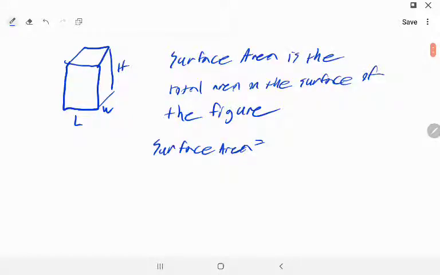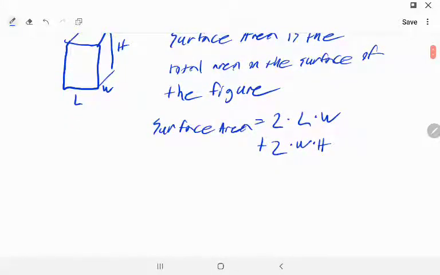is going to be 2 times length times width, because we have a top and a bottom, plus 2 times width times height, because we have a left side and a right side, plus 2 times length times height, because we have a front and a back.